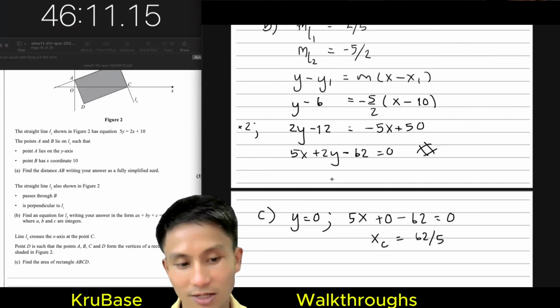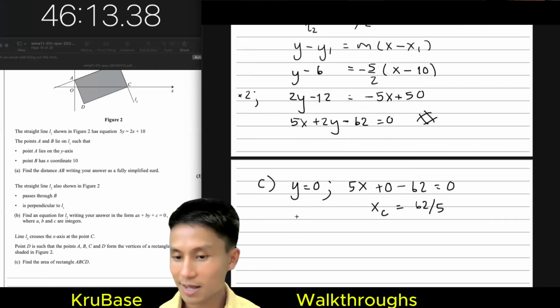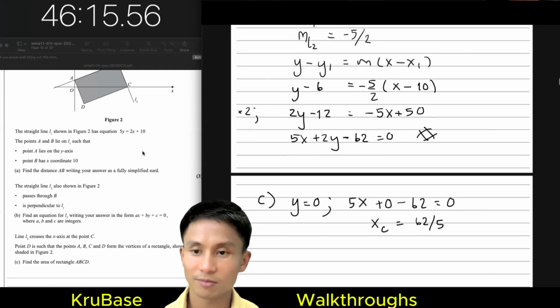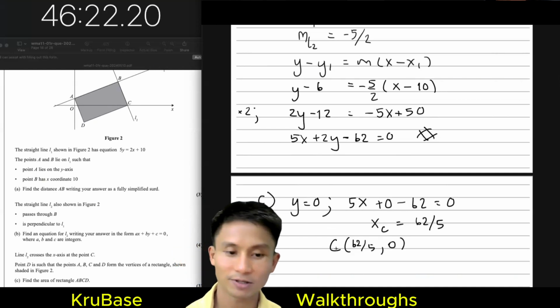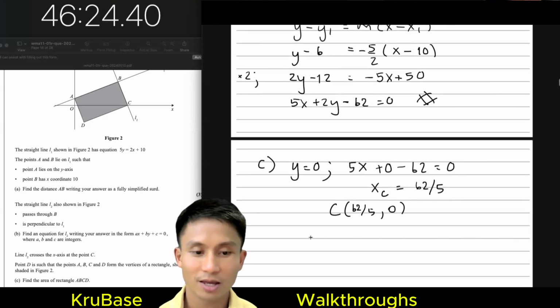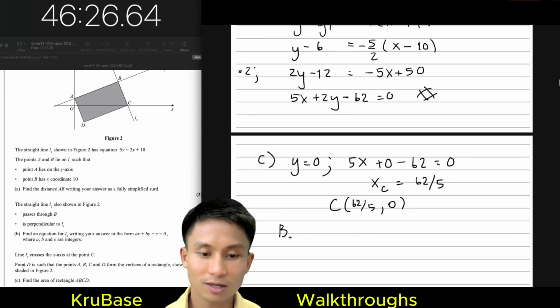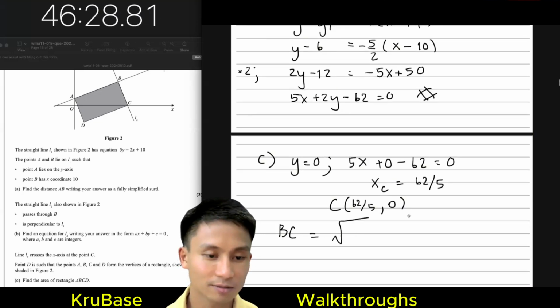I'm going to keep a fraction here, guys. So point C is 62 over 5, 0 for the y, because that's where point C is. And then to find BC, we can use Pythagoras again.